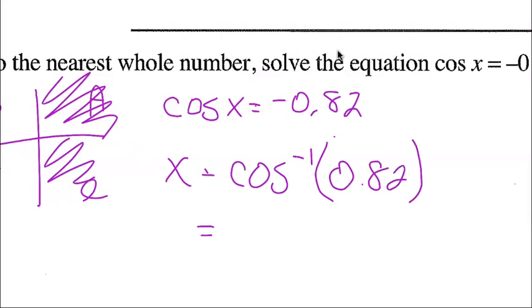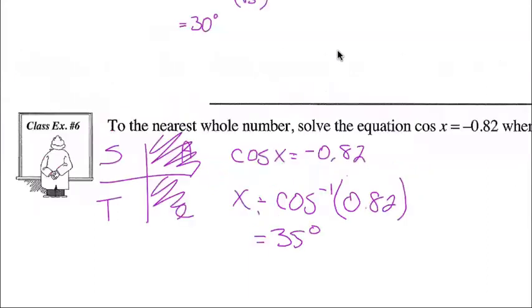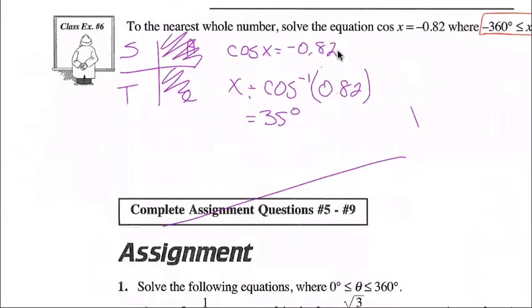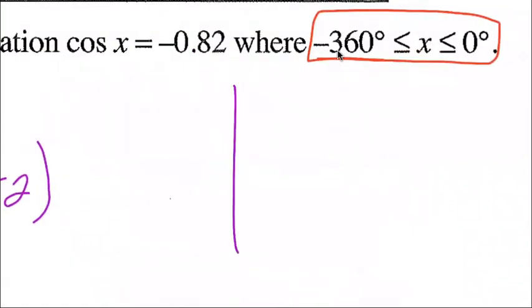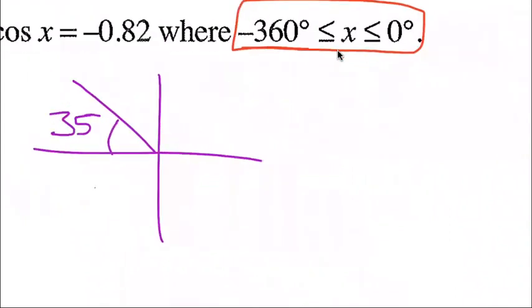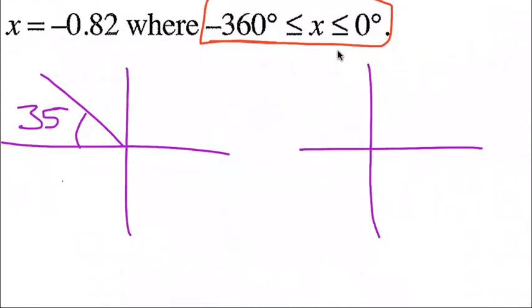That's going to give me a reference angle. Just to double check, I think I wrote down 35. Second function cosine 0.82 is 35 degrees. So in quadrant 2, I have a 35 degree angle here. And in quadrant 3, I have a 35 degree angle here.